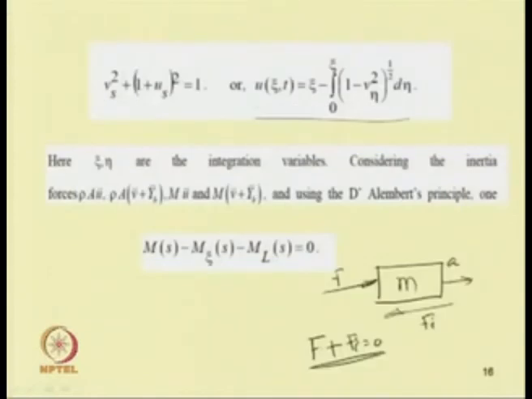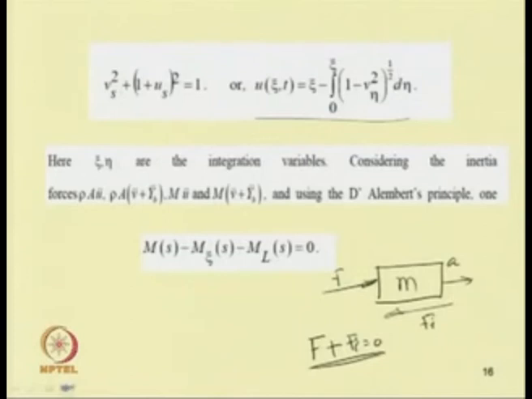This is due to the axial direction inertia force, and this is due to the vertical direction inertia force, and finally one can write this equation in this form. Here one may note that this u term has been replaced by this v term using this inextensibility condition.